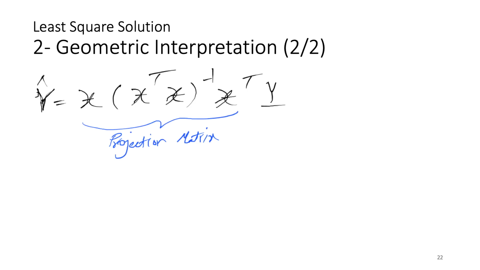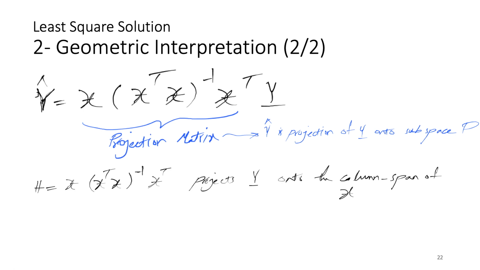So when we compute the pseudo-inverse, we are projecting onto the hyperplane of your W matrix, right? So y hat is a projection of y onto the subspace P, and that's going to be the geometric interpretation of your least square solution.